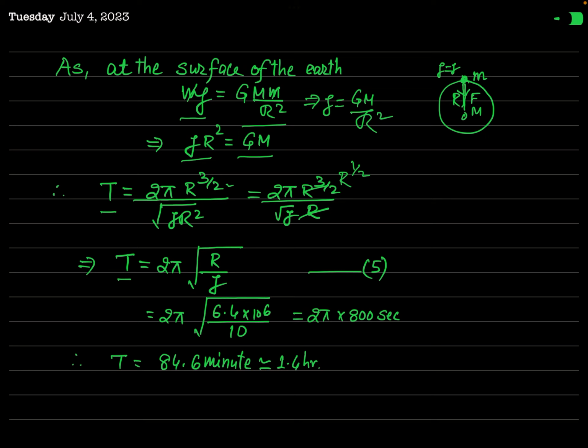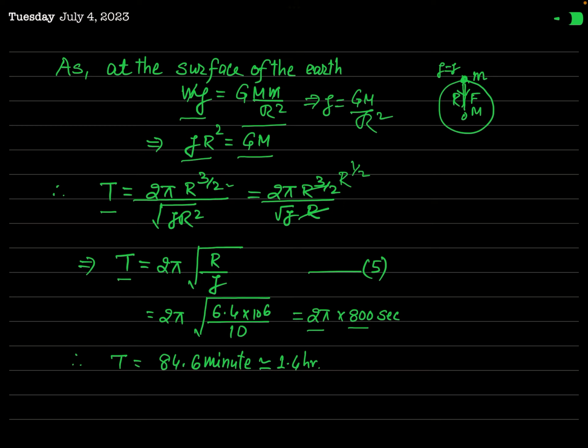Now you can see R is almost 6400 kilometer. So in meter you can write the value of R as 6.4 into 10 to the power 6 meter, and we assume that g is almost equal to 10 meter per second square. When you simplify it, you will get that T is equal to 2 pi times 800 seconds.